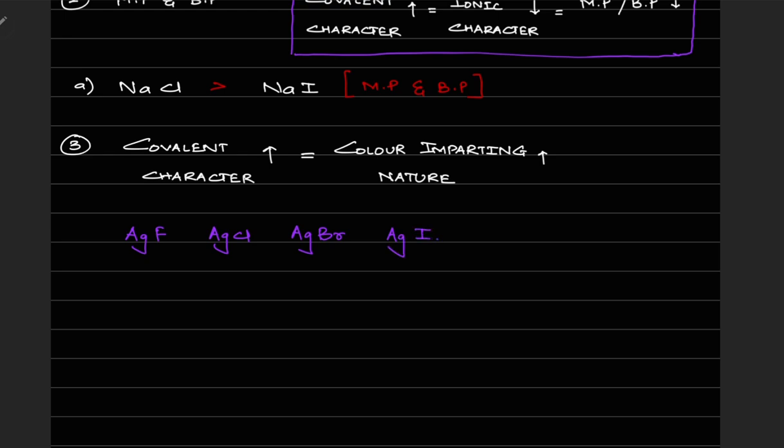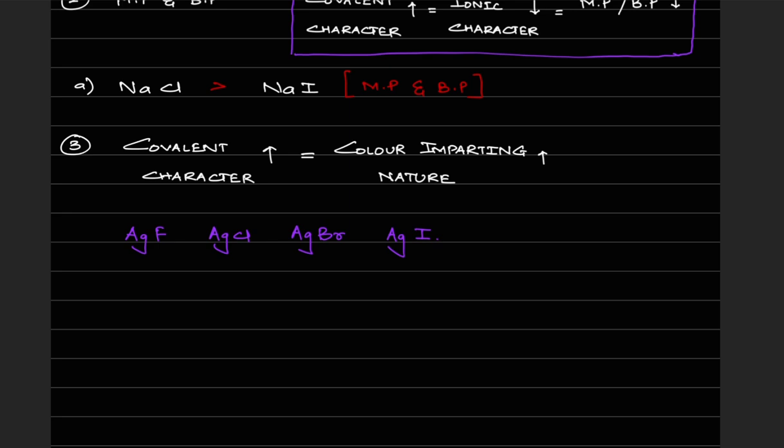And now I'm asking you to rank them as per the darkest color that you would observe. So again the fact is we need to observe covalent character. Over here Ag being the common cation, charges and sizes don't matter. So obviously everything comes down to the anion.